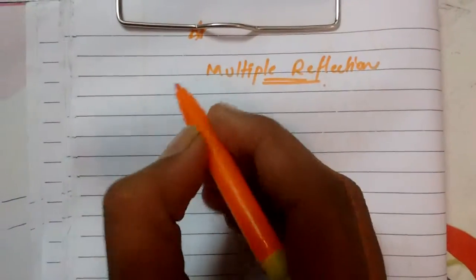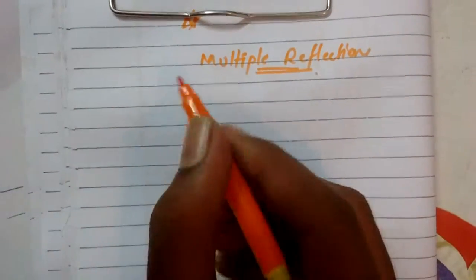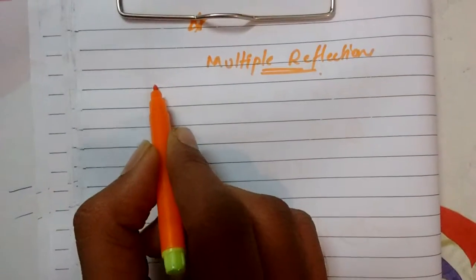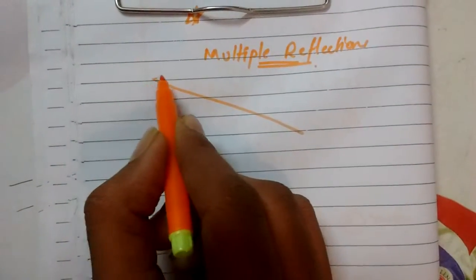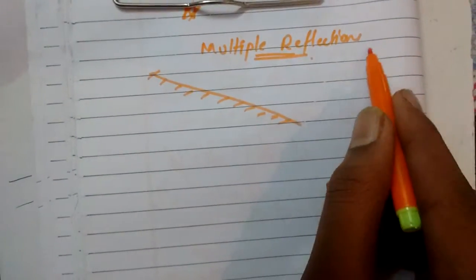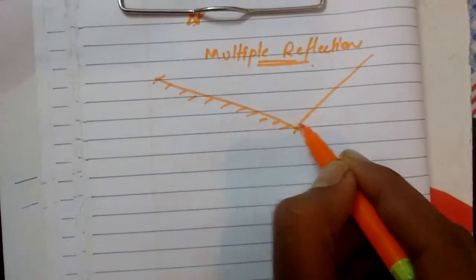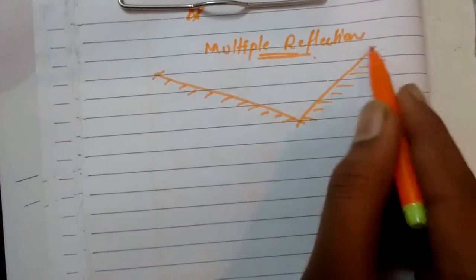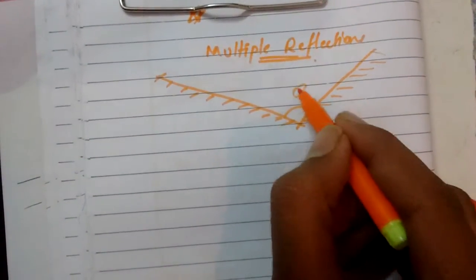Guys, now let us learn about multiple reflections between two plane mirrors. Let this be a plane mirror, and this too be a plane mirror, and let the angle be theta.